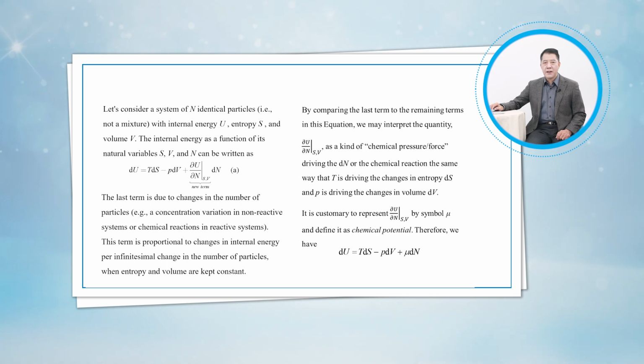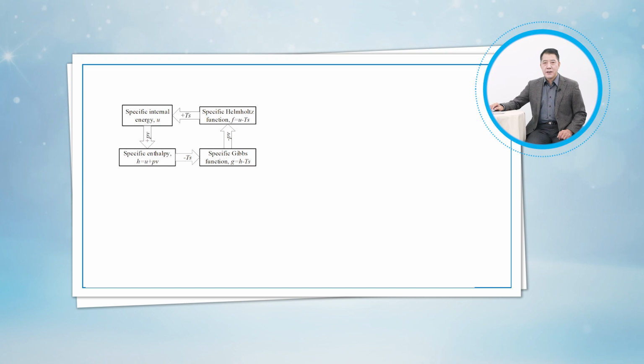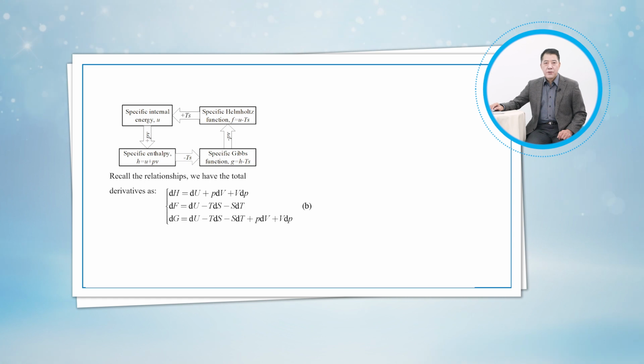Therefore, we have internal energy, entropy, Helmholtz, and Gibbs thermodynamic functions, and their interrelations are shown in Figure 1.6. Recall the interrelations. We have the total derivatives for entropy, Helmholtz, and Gibbs thermodynamic functions as follows.